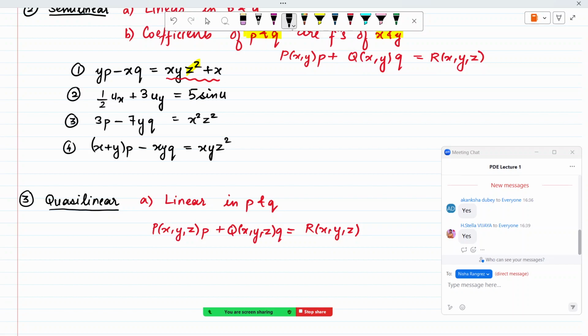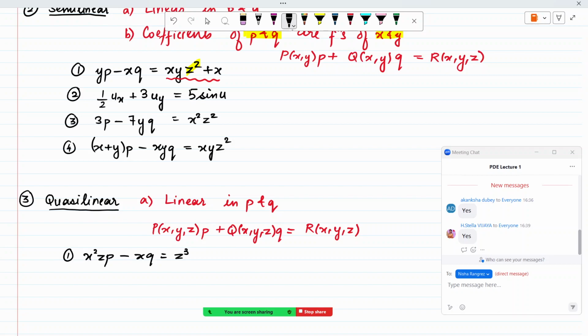So let's look at some examples here. So I could have x square z into P minus xq is equal to zq. Are you understanding?